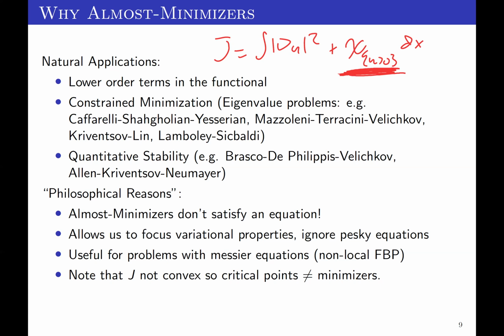So if you want to understand how to distinguish between critical points and minimizers, and there's a lot of physically relevant reasons why you should do that, right? If you're modeling something in nature, only stable solutions should show up, not just arbitrary, unstable critical points. So if you want to understand the minimization property, almost minimizers are a good way to make sure that you're focusing on minimizers as opposed to critical points and minimizers.